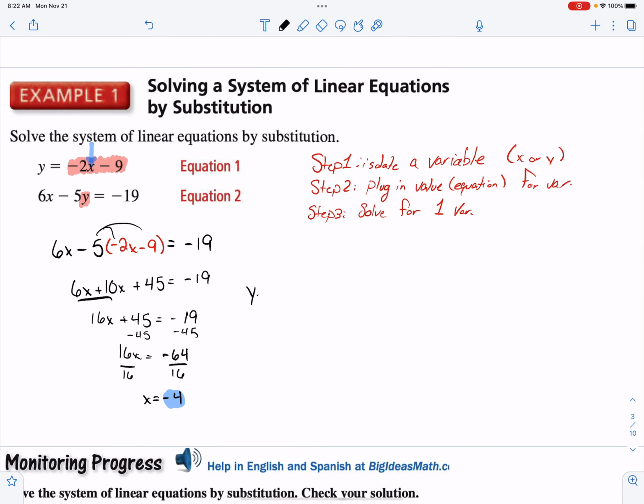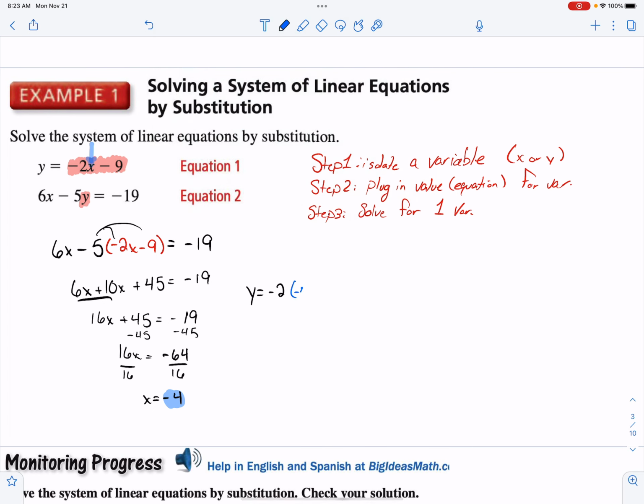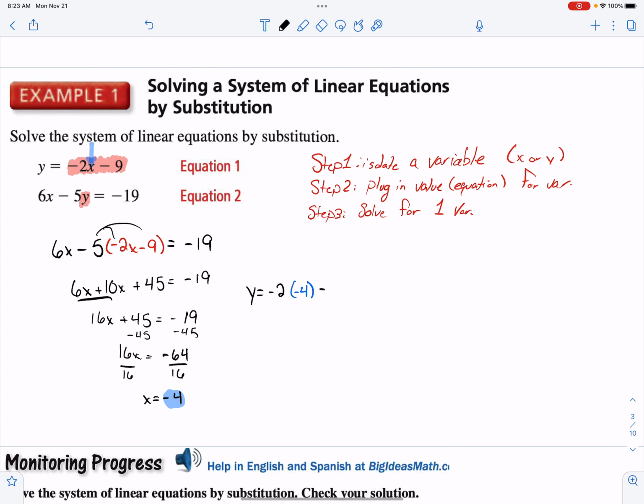So we can say y equals negative 2 times negative 4 minus 9. We get y equals 8 minus 9. And be sure we write our answer as a coordinate point, (-4, -1).